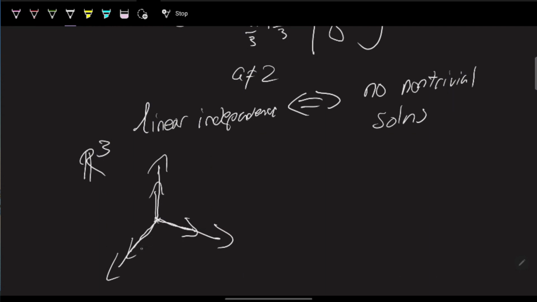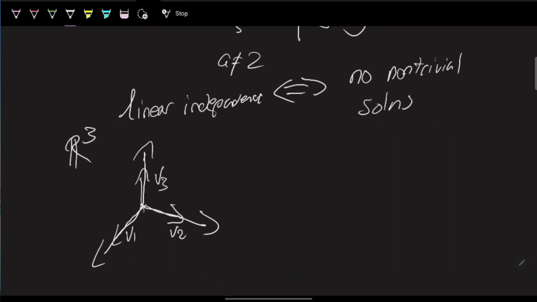Let's say v2 is the same for y and v3 is the same for z, right? Linear independence means that there's no way you can draw a path. You remember before how we were talking about you could draw a path that gets back to 0, right? No such path exists with these three vectors.